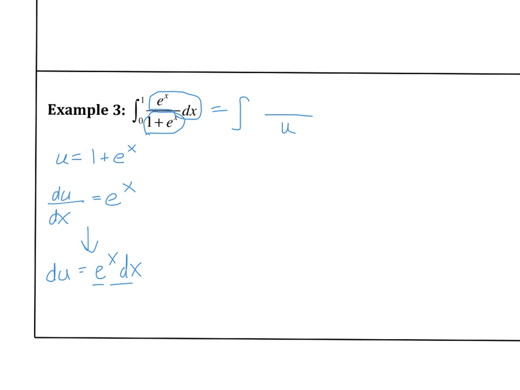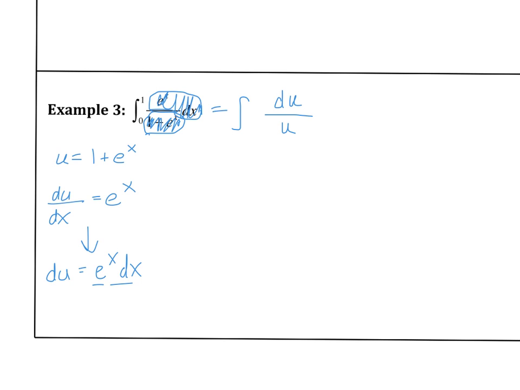So let's throw a du on top. That is a terrible du. You know what? I'm actually going to even take the time to undo that. du. Okay, it's better. All right, so the denominator's been taken care of. The entire numerator's been taken care of.